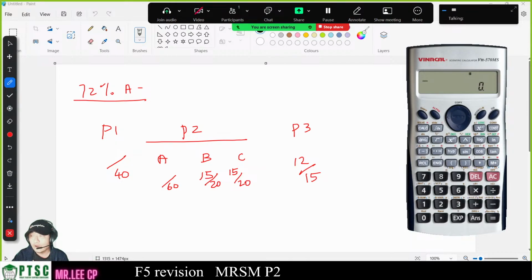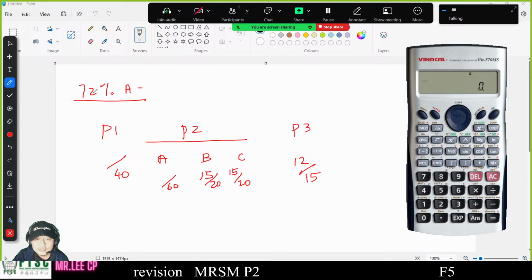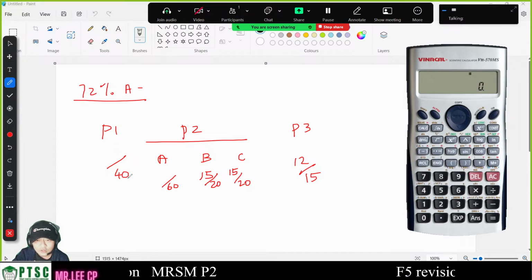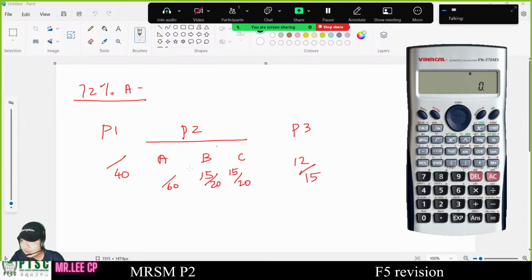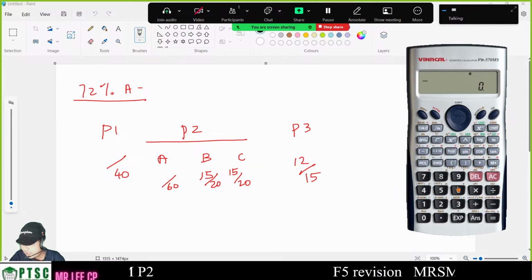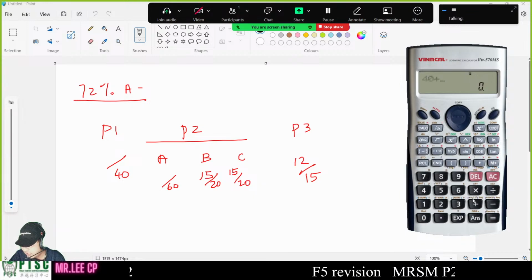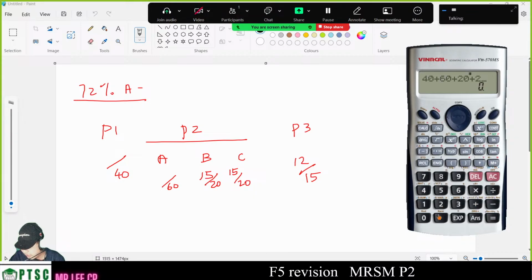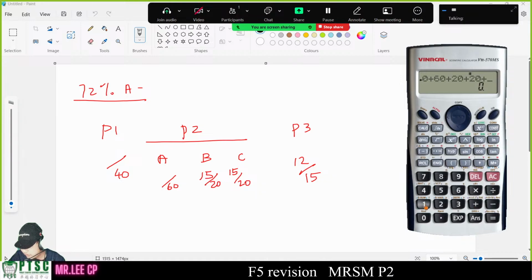Sorry, before I forget, I need to calculate how many marks in total. This is 40 plus 60 plus 20 plus 20 plus 15, which is 155 altogether.